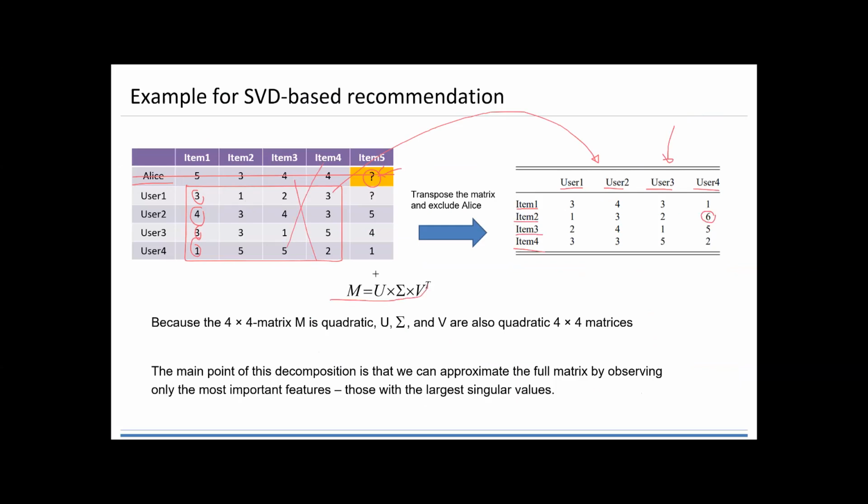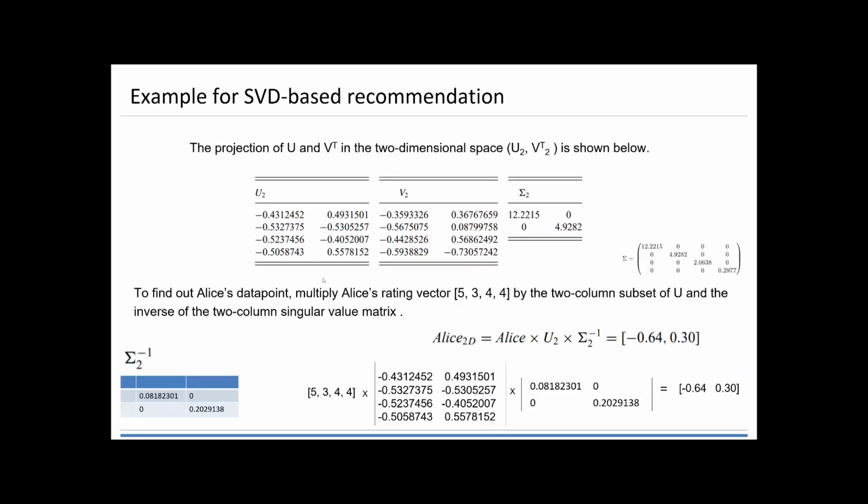With matrix factorization like this, we have 4 multiplied by 4. The main point of this decomposition is that we can approximate the full matrix by observing only the most important features, which are the largest singular values.